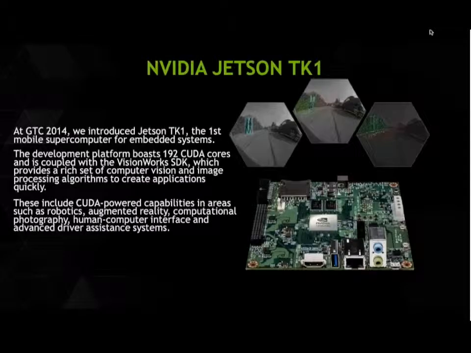Just as an example of how far we take this, this is a new product that we just released, the Jetson TK1. I don't know if from just a visual cue, you'll notice from the connections on the side of this card that it's roughly the size of, well, a Raspberry Pi, if you're familiar with one. And I use the analogy that the Jetson would be a Raspberry Pi if Raspberry Pi were a supercomputer.